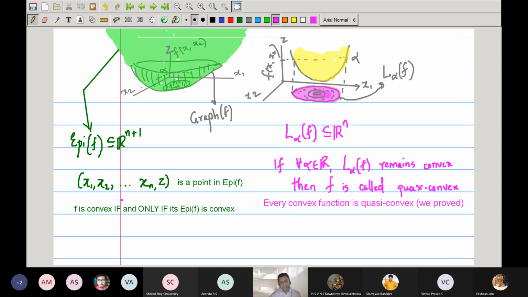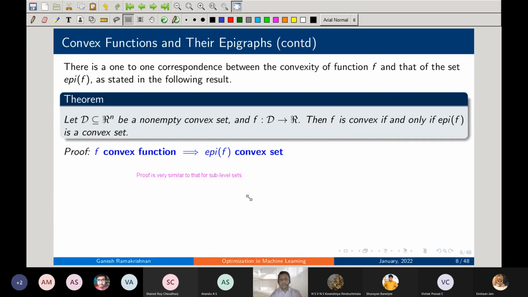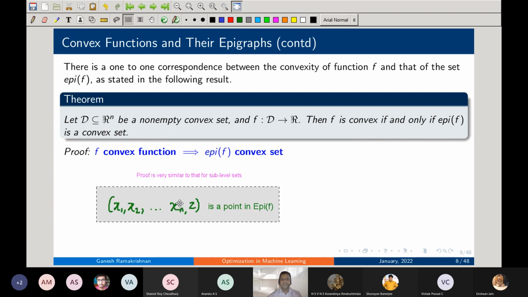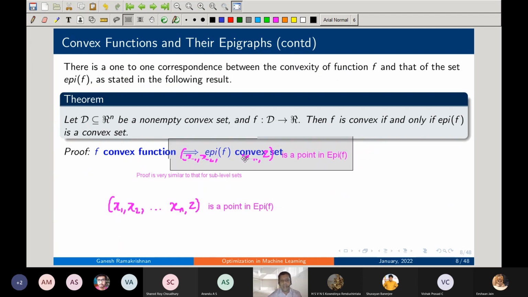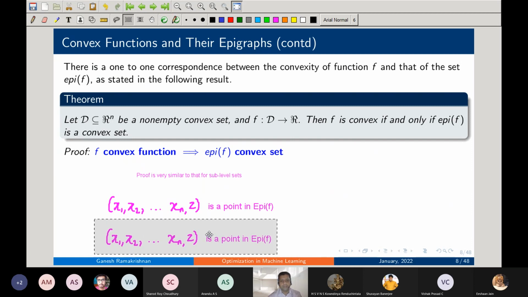If the function is convex, then you want to prove that epi f is convex. That means for every two points, (x1, x2, ..., xn, z) and (x1', x2', ..., xn', z'), both of which are points in epi f, and the function f is convex, what we'll have to prove is as follows.